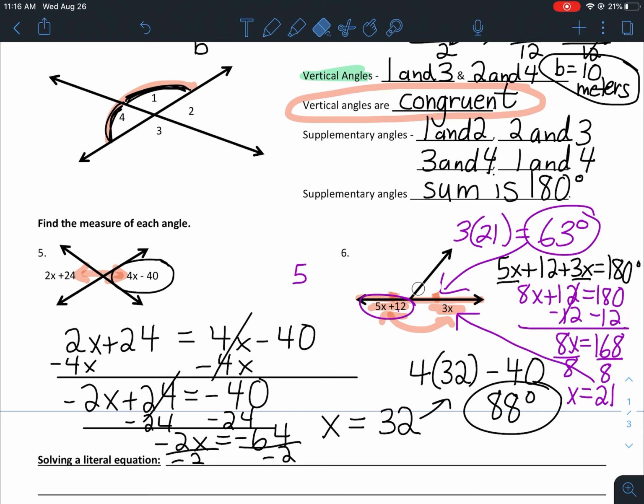Sorry, I know I'm kind of writing all over the place. 5 times 21 would be 105, plus 12 is 117. So this angle right here is 117 degrees, which makes sense. You could tell it's greater than 90. And the other one is 63, which makes sense because when you add them together, their sum should be 180.